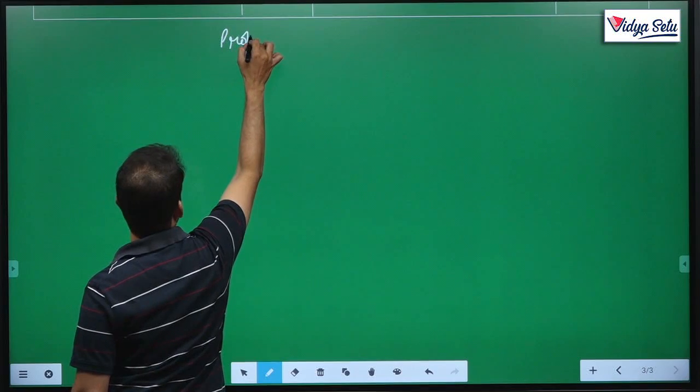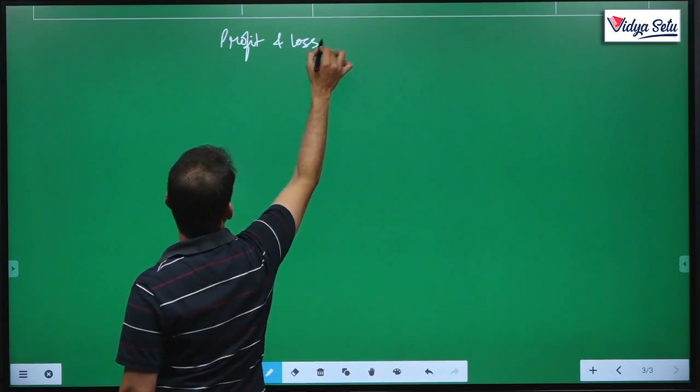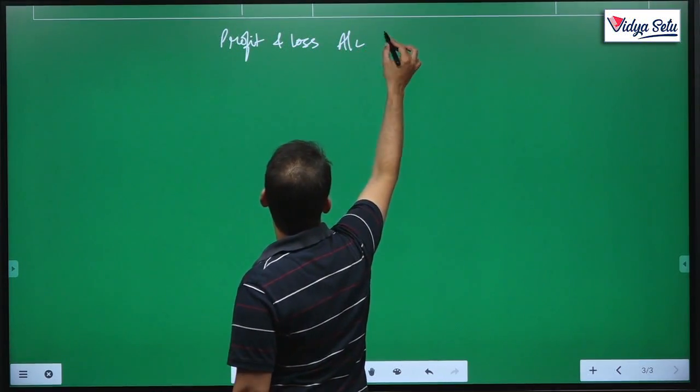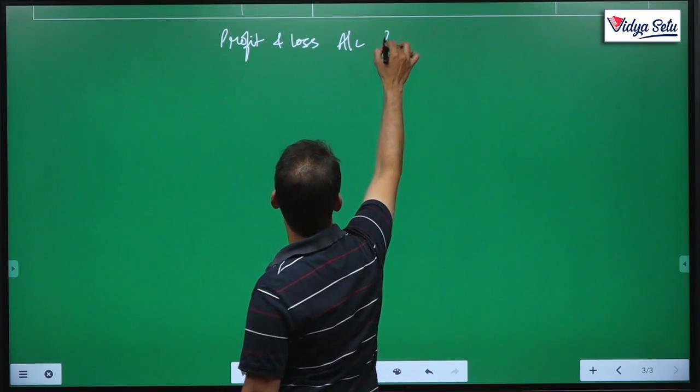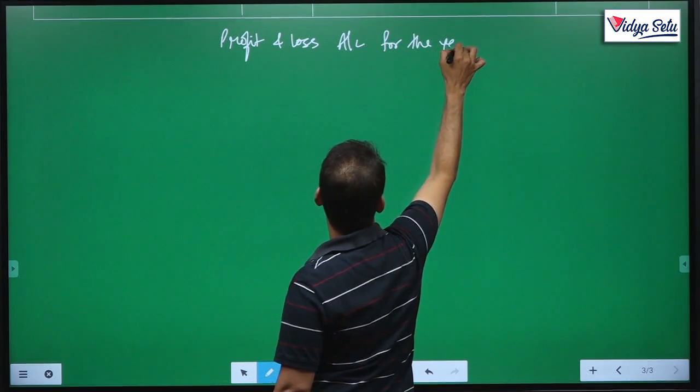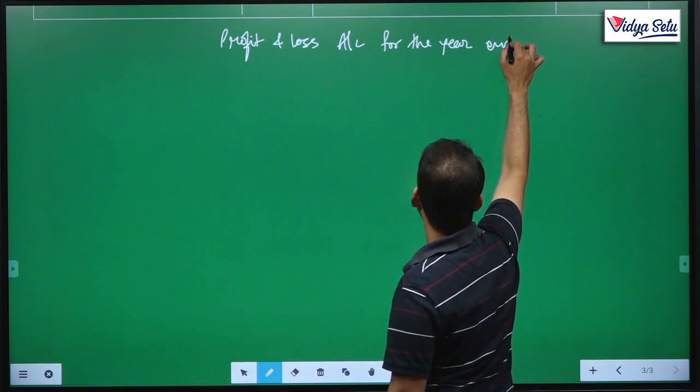We'll keep those two ready. We could have merged them also, but I'm making a separate one. You can do it either way. I just wanted to show you the P&L appropriation account.